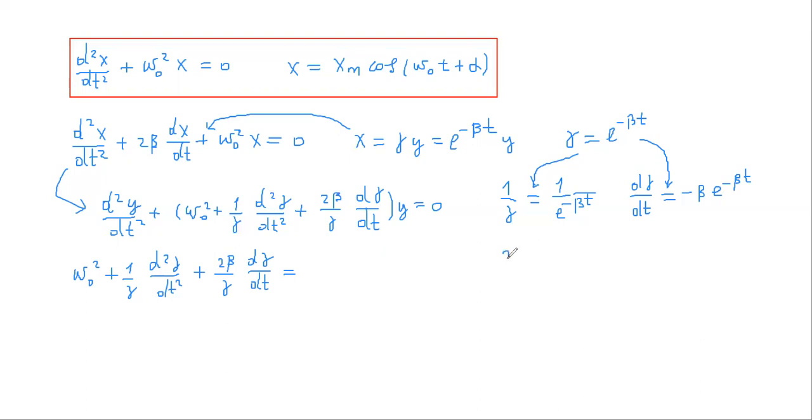And the second derivative, d2 gamma by dt to the power of 2, is equal to beta to the power of 2 e to the power of minus beta t.